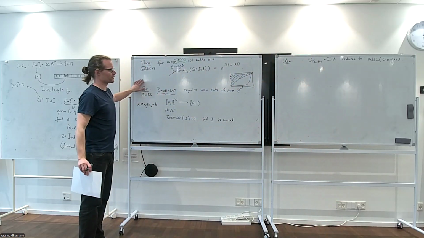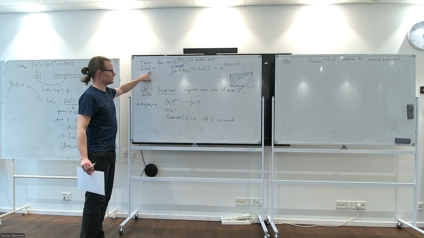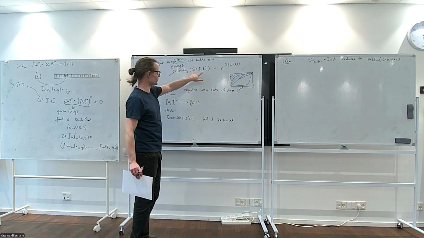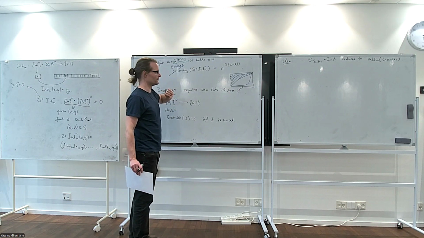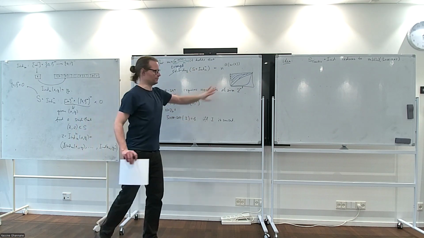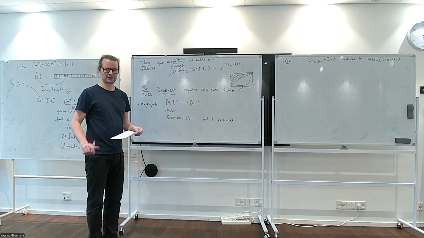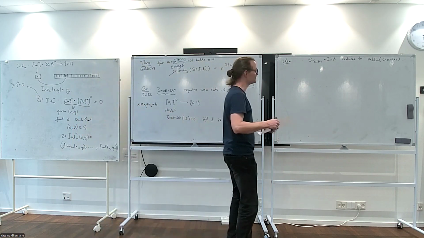Before we go down this road, there's another reduction for how to get from a search problem to a monotone function, due to Raz and Wigderson, but I will not cover it. I'll just cover this one.